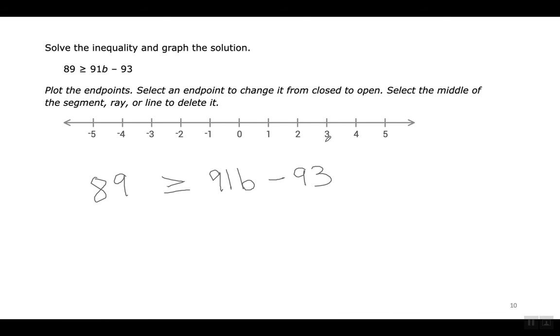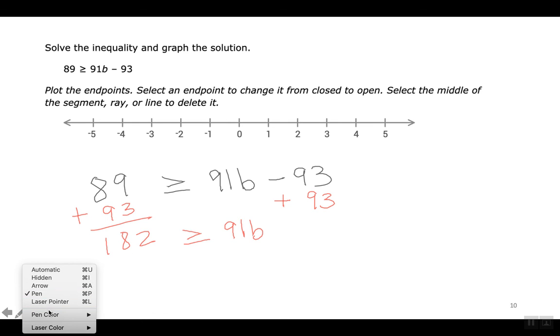The first thing I'm going to get rid of is the minus 93 by adding 93 to both sides. Now here, I want to get rid of that 91, which is multiplying with the b. So I'm going to do the opposite of multiplying by 91, which will be dividing by 91.